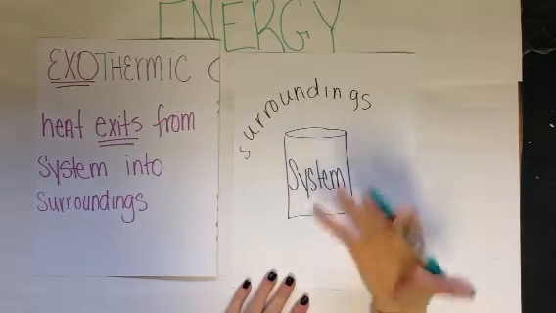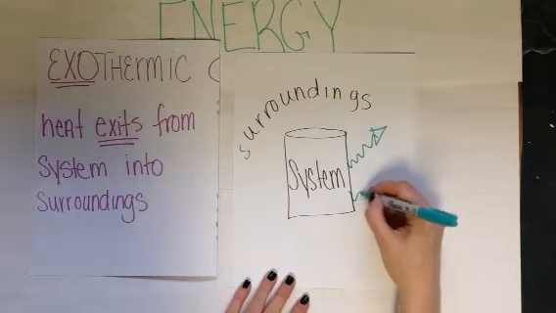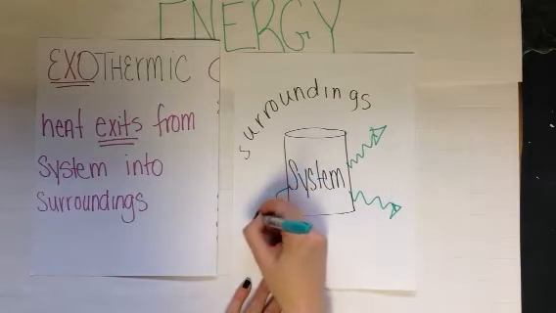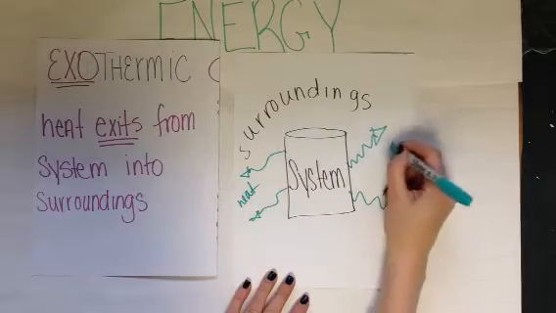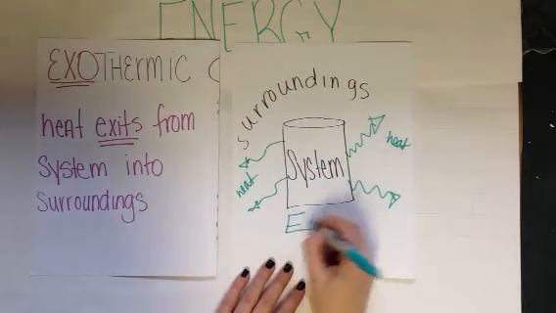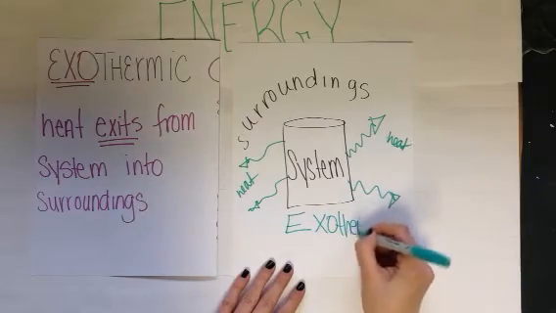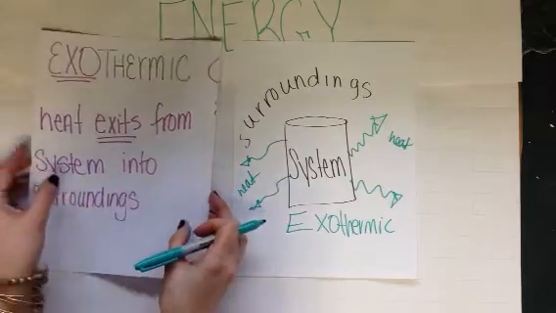Whenever the reaction occurs in an exothermic, the heat leaves the system and goes into the surroundings, right? So here's my heat leaving the system into my surroundings. If this occurs, that is called an exothermic reaction. Heat is exiting.